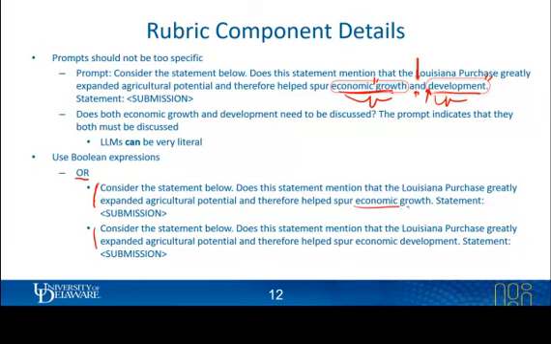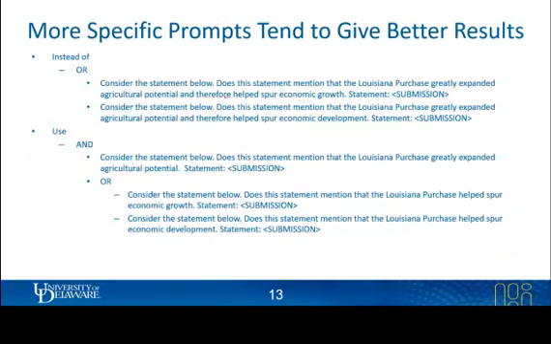They can mention economic development, or they can mention economic growth, or either one. Even that is a bit much. So instead, we're going to further break it up. We're going to say that the submission should mention that the Louisiana Purchase expanded agricultural potential, and either one of these.